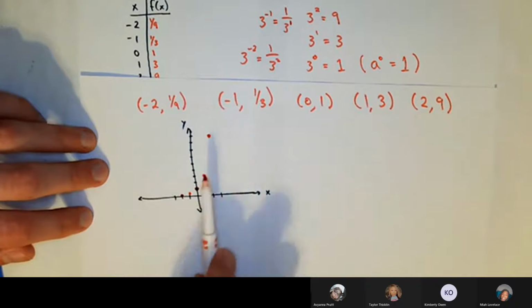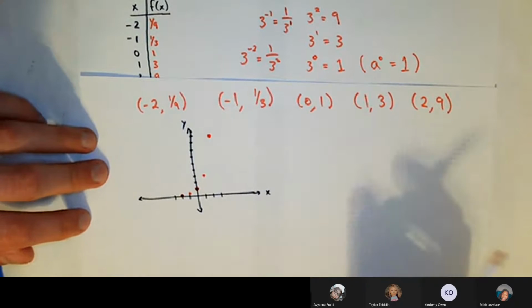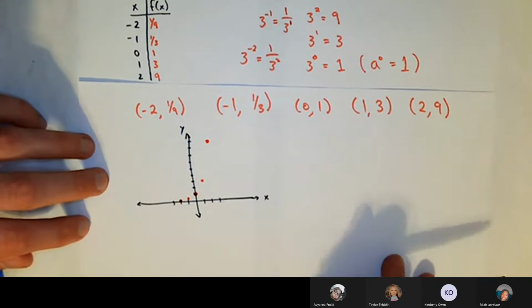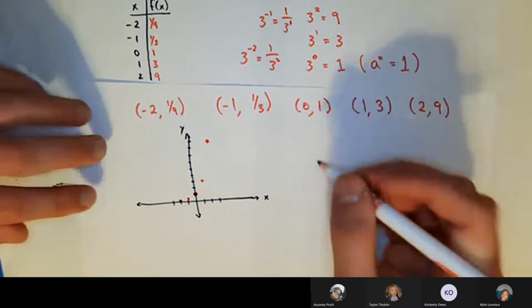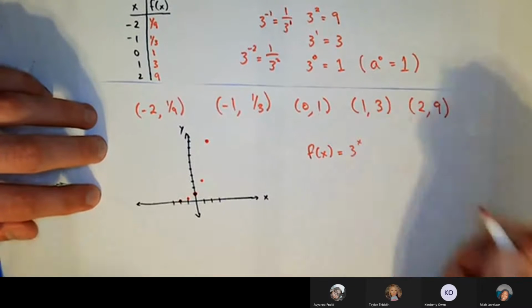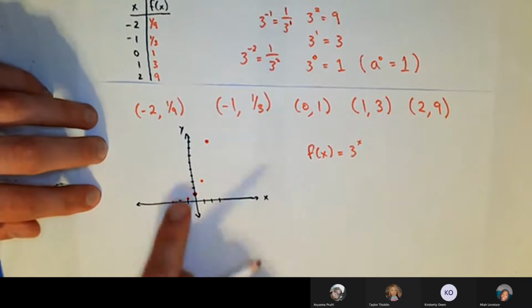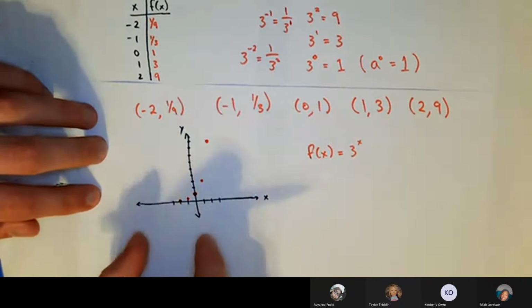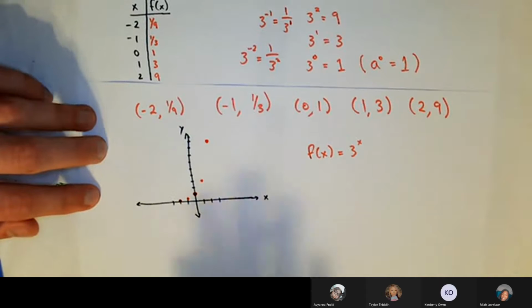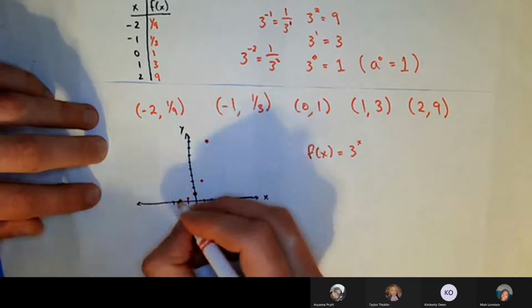And honestly, going any further this way wouldn't be that useful either, because think about what the next coordinate point would be. At x equals 3, remember the function is f of x equals 3 to the x. So at x equals 3, I would have a y value of 27, which is way up there, right? So really, graphing these 5 points is just fine for getting a sketch.